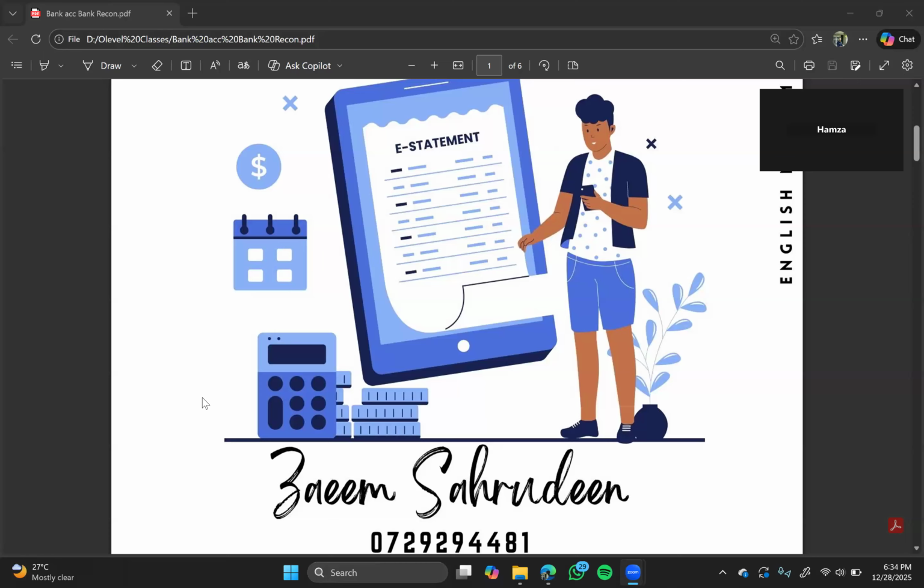If it says check deposited to the bank account, that means the cash book will decrease and the bank account will increase on normal transactions. So that is the basics, and those basics will be in the bank account.